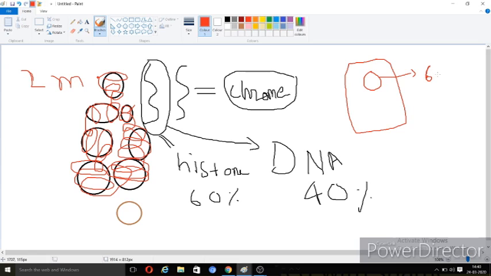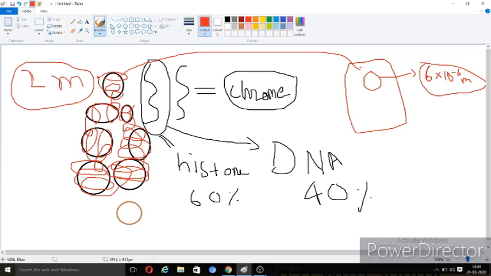Micrometer means 10 to the power minus 6 meter. So you may say this is 2 meters and the nucleus is very small. How can it fit there? It's very difficult to fit inside the nucleus.